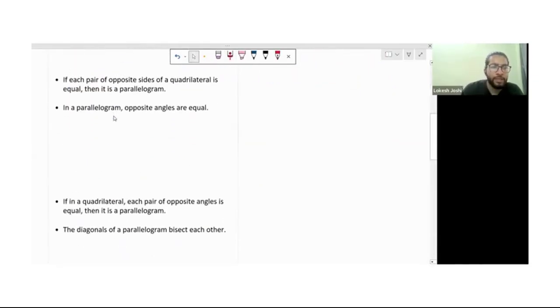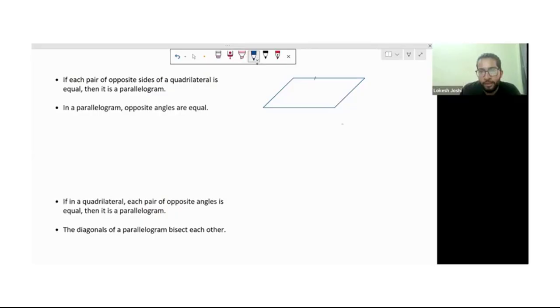Now the next one is that if each pair of opposite sides of a quadrilateral is equal, then it's a parallelogram. Which means, suppose we have any quadrilateral ABCD in which it's given that each pair of opposite sides are equal.